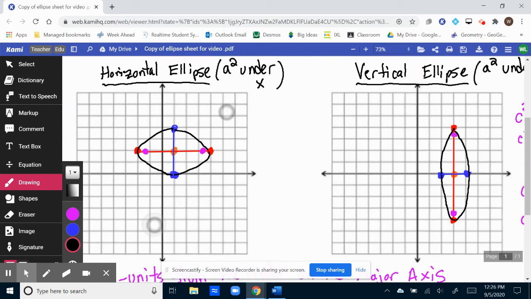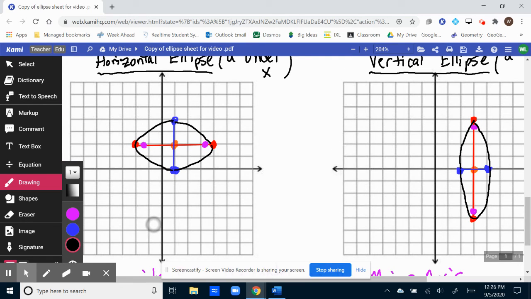If I take any point on my ellipse, let's say this random point right here, and I add up the distance from that point to one focus plus the distance to the other focus, whatever I get for that sum, let's say the sum equals 10. If I take some other random point on my ellipse and I add this distance to focus 1 plus this distance to focus 2, that's going to also equal 10.